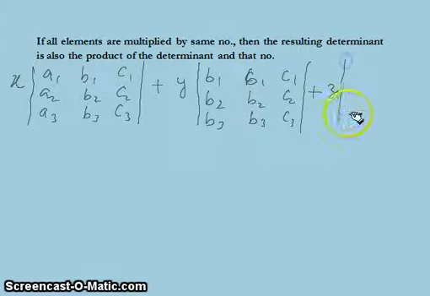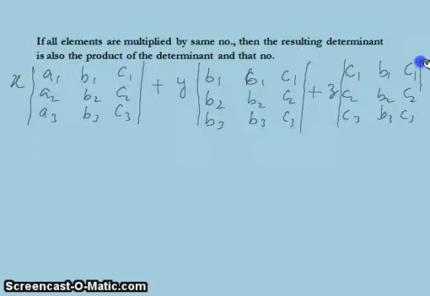The z would be taken as a constant in the third determinant, and we would get the third determinant as c1, c2, c3, b1, b2, b3, and c1, c2, c3 again.